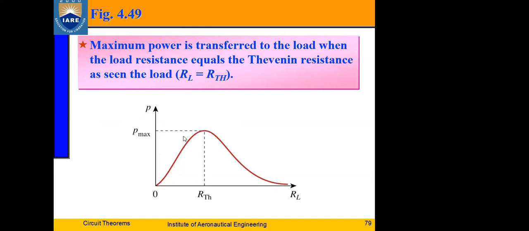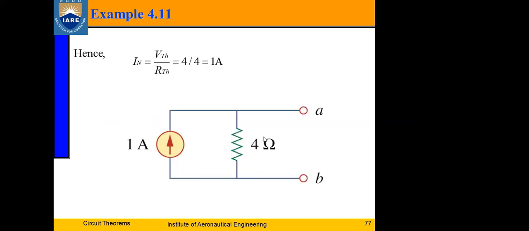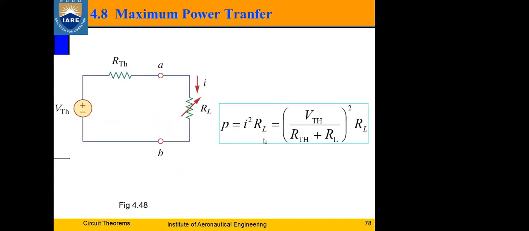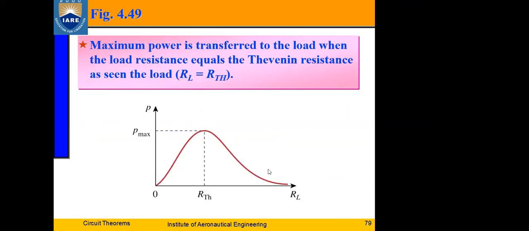First it increases, then when RTH is equal to RL, it is the maximum. So this is a reminder: if we get a chance to do the practical experiment, we can see whether it changes accordingly.